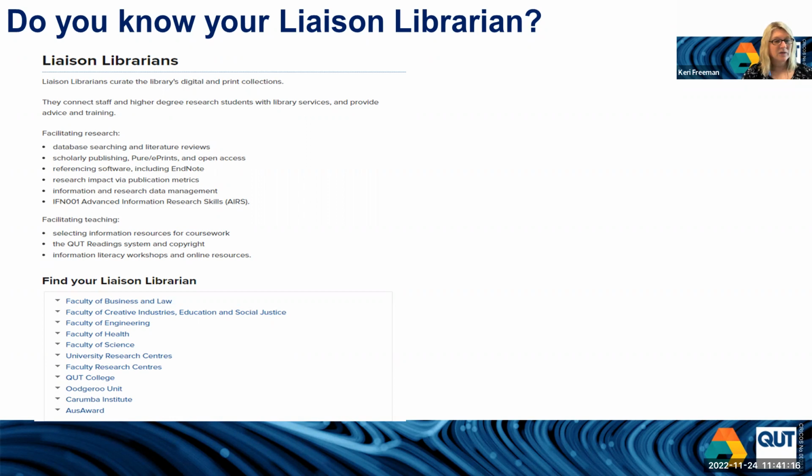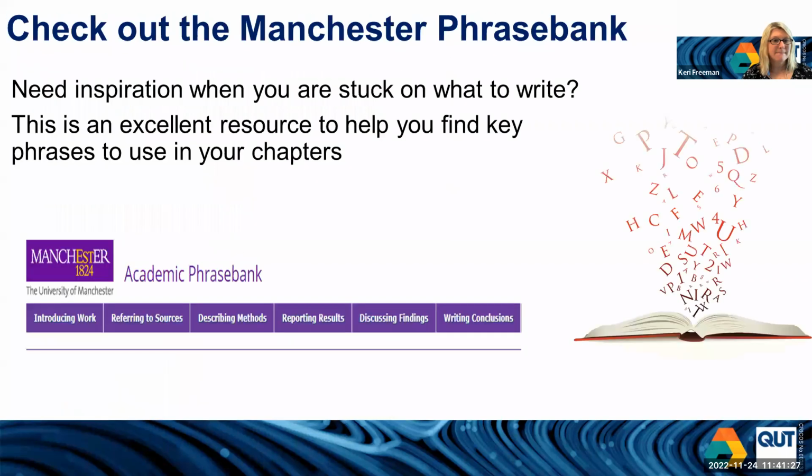Check in with them, especially if it's to do with your referencing software. Manchester Phrase Bank. Again, if you haven't had a look, I recommend you do. Lots of great resources there. Sometimes if we're stuck, it's a really good place to go.